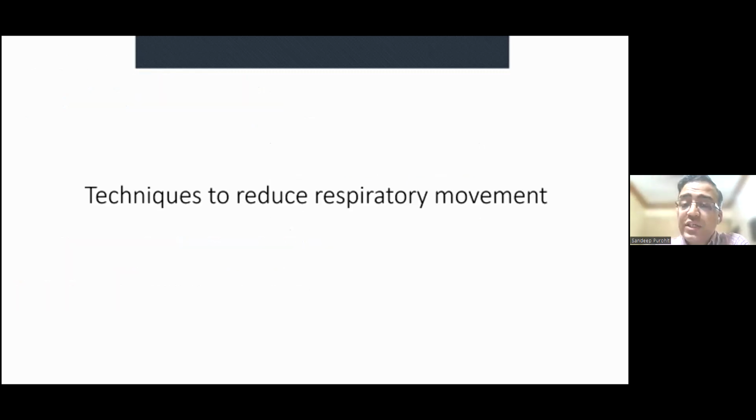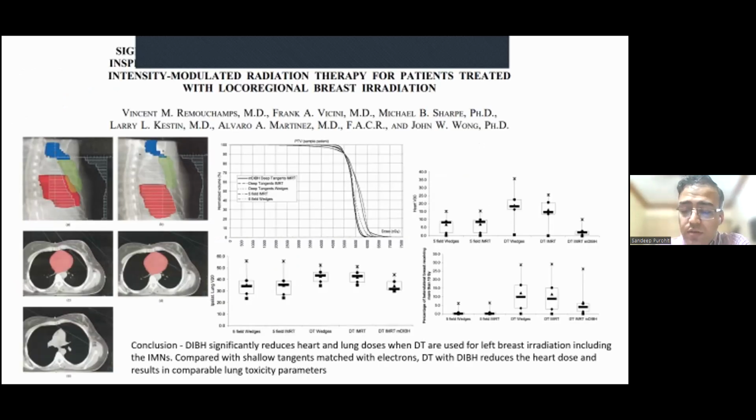Now the techniques to reduce respiratory movement. So we know one of the challenges we face while treating a patient of carcinoma left breast is inclusion of the heart and lung near to the planning target volume. So there was DIBH that came into play, which showed that increasing the distance of the chest wall from the heart reduced the dose to the lung and heart.